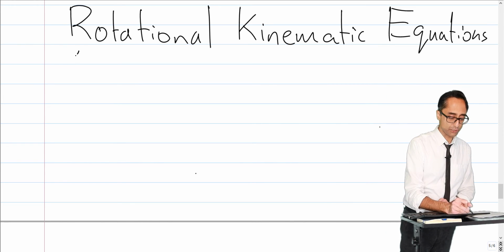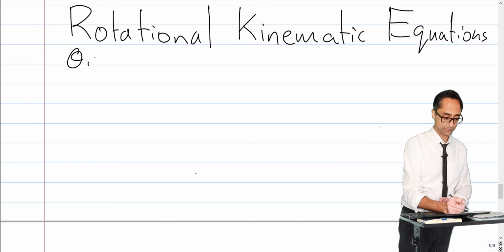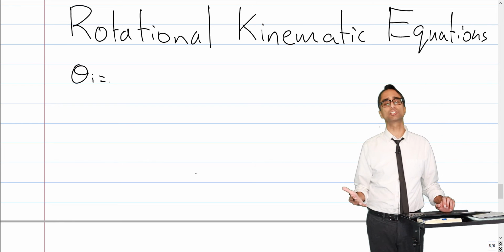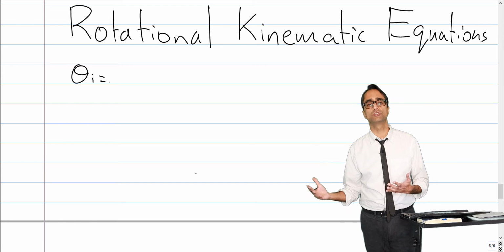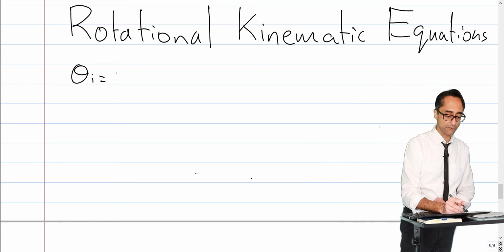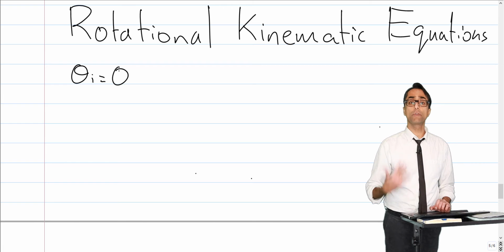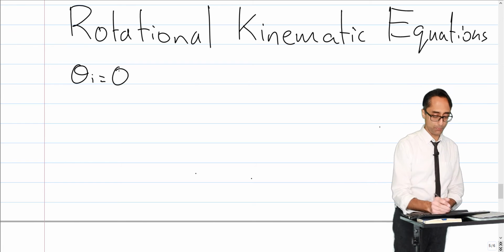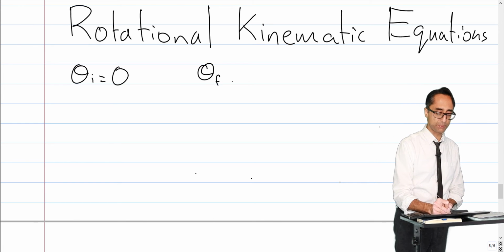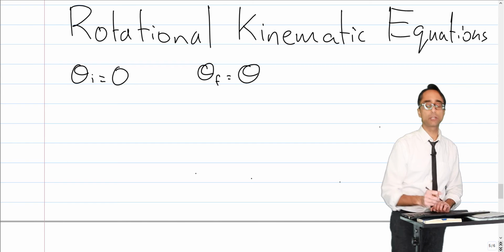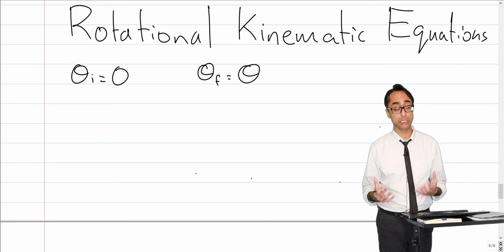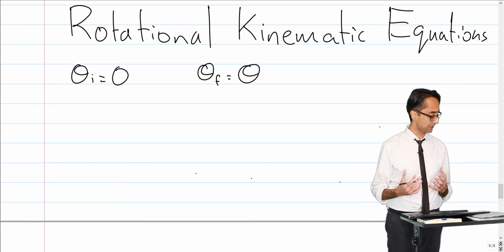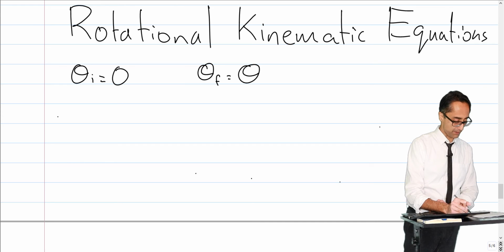We're going to set our initial position to 0. When we did our kinematic equations, we always had x initial in there, and 95% of the time x initial was equal to 0. But this time I'm actually forcing it to be equal to 0. Wherever we start our problem, that's our 0 point, meaning that our final position is going to just be called theta.